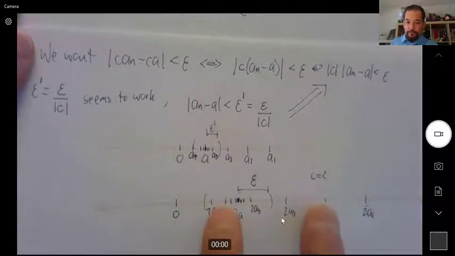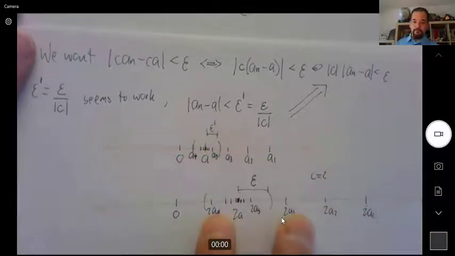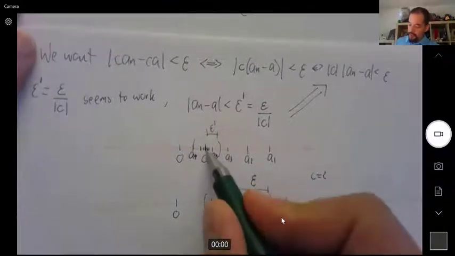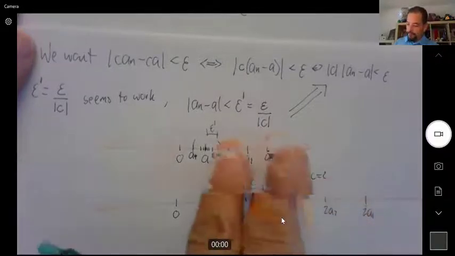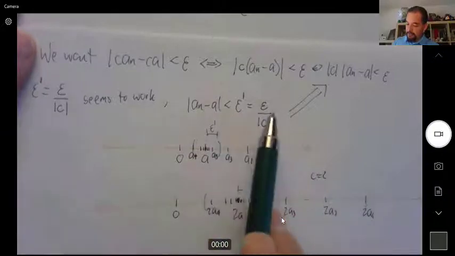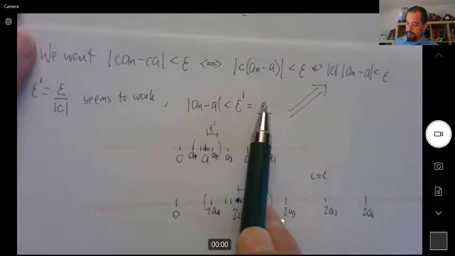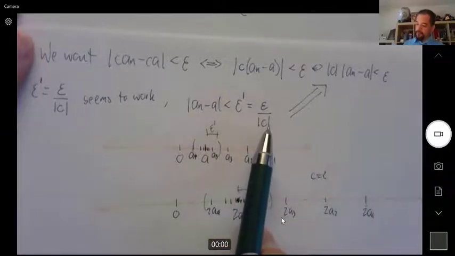And to go from this picture to that picture, what do we do? To go from the bottom to the top one. You divide. Yeah, you divide by 2, right? So look at here, 2A goes to A, and 2a1 goes to a1. So from here to here, you divide by 2. So that's exactly what we're doing here. Notice we're taking epsilon and we're dividing by the absolute value of c.